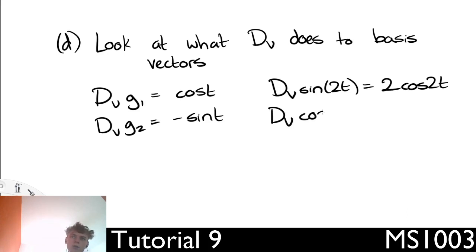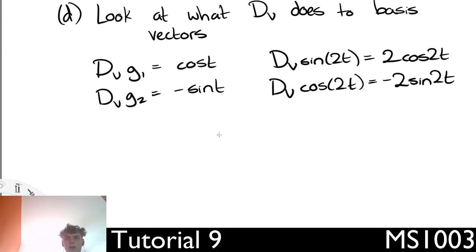And g4 is cosine 2t. Very similarly, we get minus 2 sine 2t. And so this is what D does to the basis vectors.